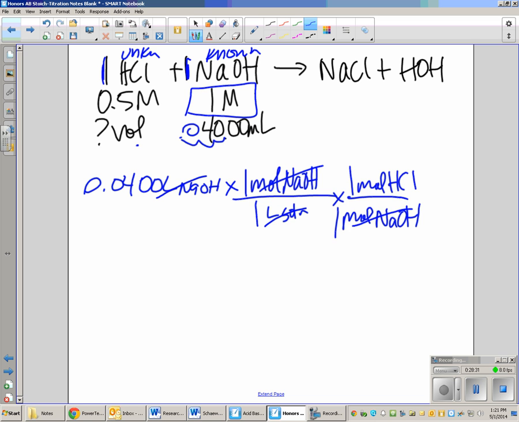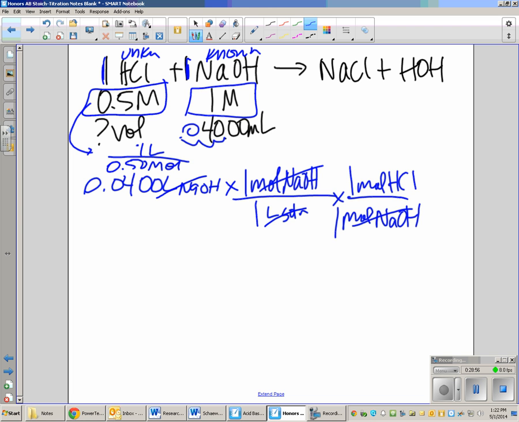Now I want to get to the volume needed when I have available to me 0.5 molar HCl. What did I just say we could do with molarity? We can flip it. So let's write this flipped: 0.50 moles per liter, 1 liter. The number stays with the moles, okay? Don't put it with the liters.